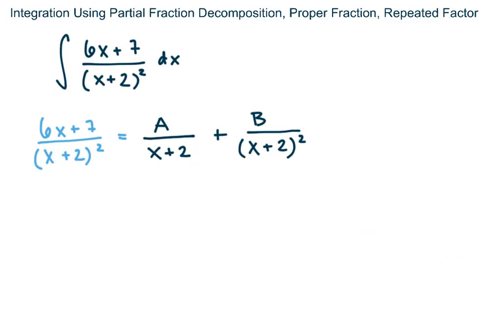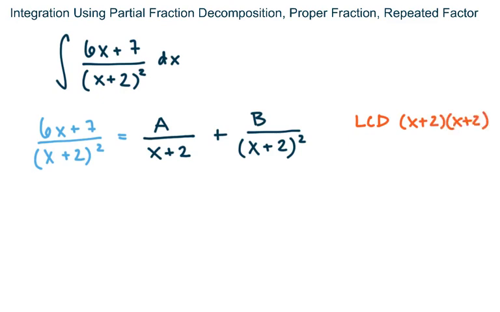So once I've written that out, now I'm going to multiply by my LCD, and my LCD is x plus 2 squared, or x plus 2 times x plus 2.